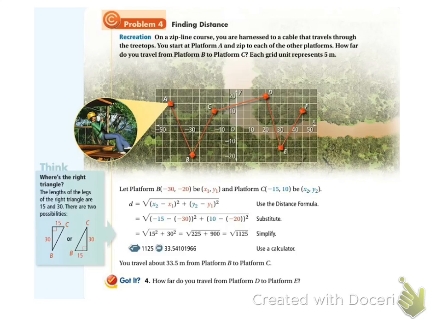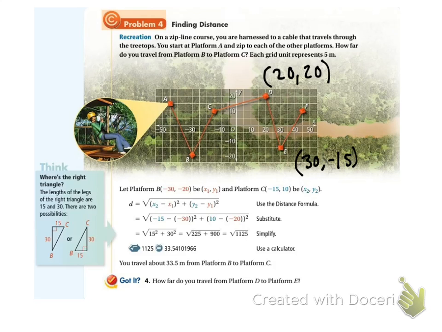Alrighty. On a zipline course, you are harnessed to a cable that travels through the tree tops. You start at platform A and zip through each of the other platforms. How far do you travel from platform B to platform C? So they show their work for platform B to platform C, and then in number 4 down here, I'm asked about going from platform D to platform E. So platform D is at 20, and platform E is at 30, negative 15.